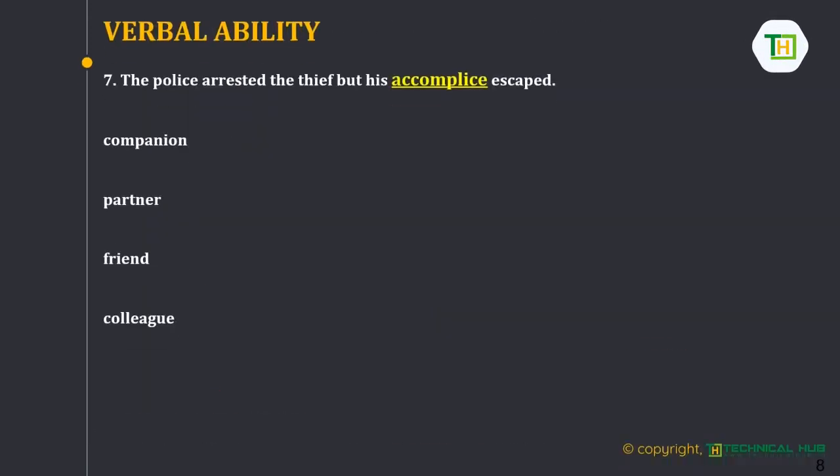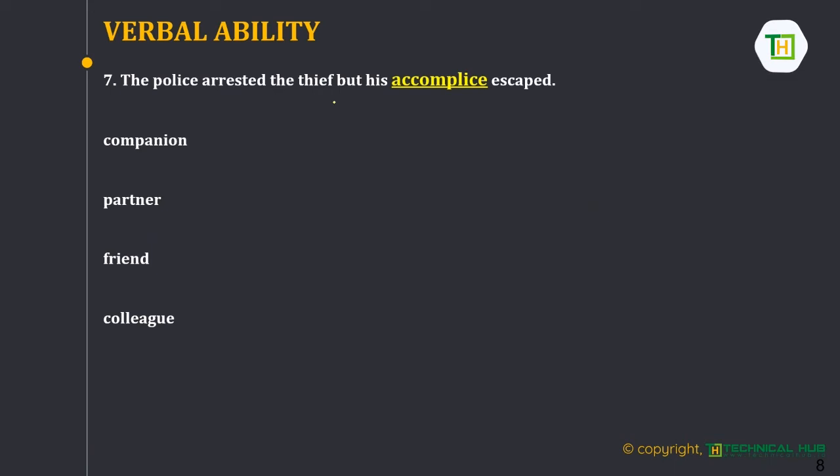Next, the police arrested the thief, but his accomplice escaped. What does accomplice actually mean?